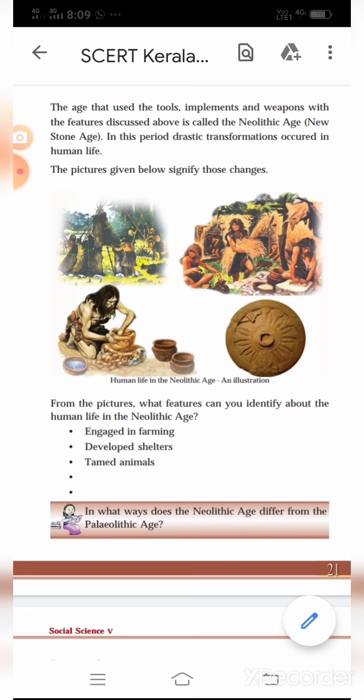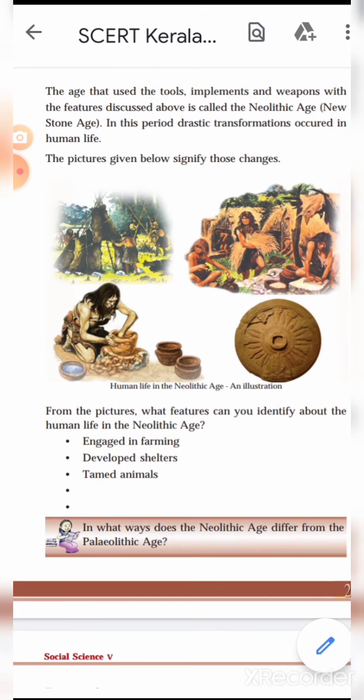Then, what are the important points we studied today? The Stone Age is divided into two, Paleolithic and Neolithic age. What is the Paleolithic age? What is the important invention of the Paleolithic age? Fire helped people of the Paleolithic age.